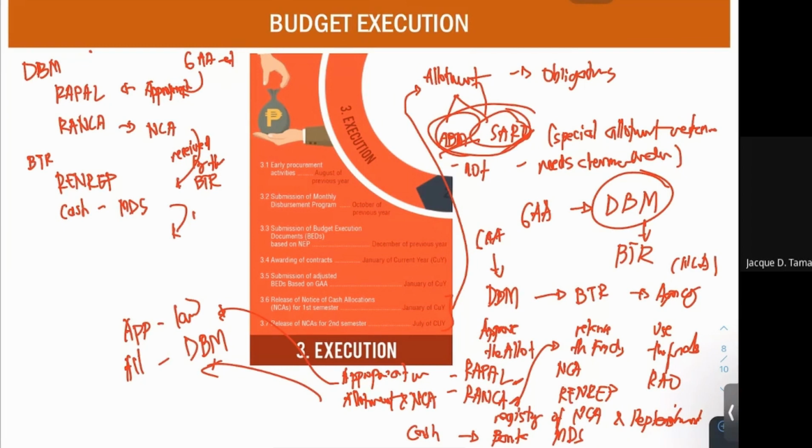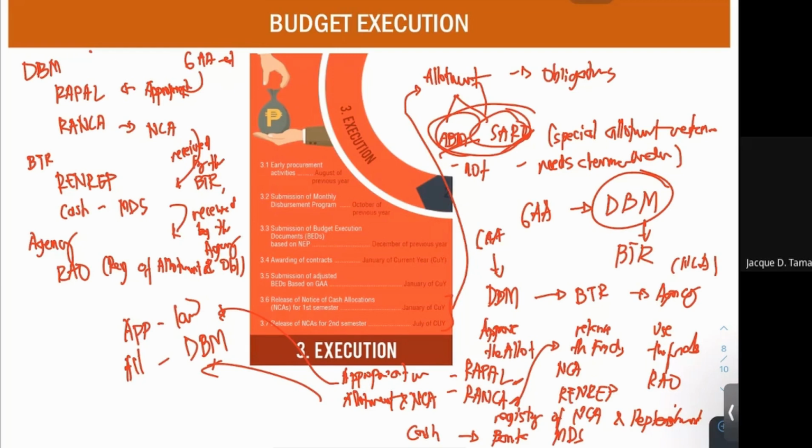That is now the appropriate agency. And it will record that cash to your Registry of Allotments and Obligations. And this Registry of Allotments and Obligations depends on what type of allotment was given.